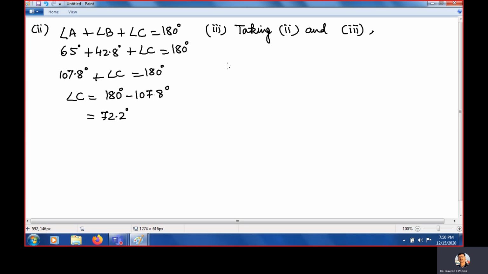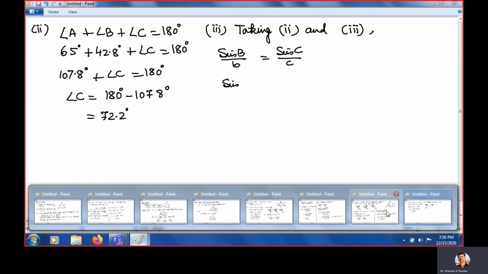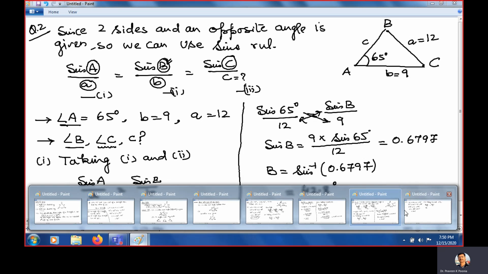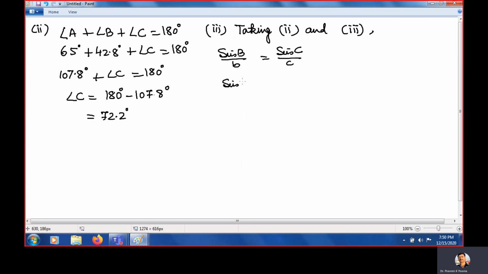We get sine B upon B equals sine C upon C. What is the value of angle B? Let us check. Sine B is 42.8, and equal.